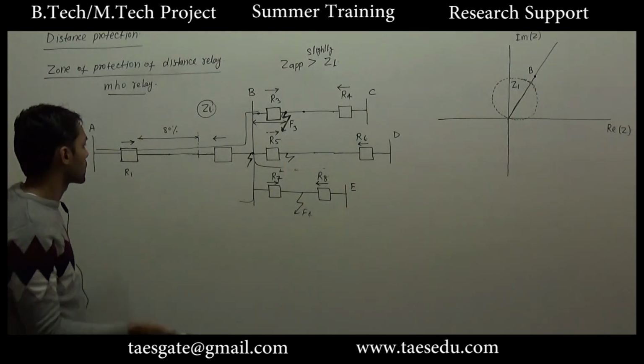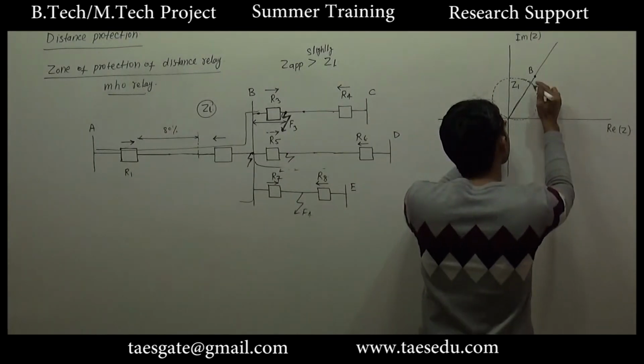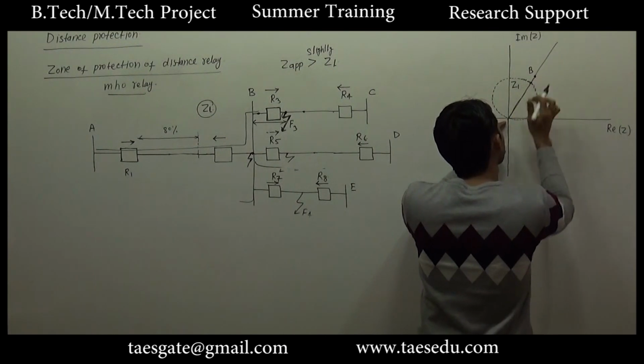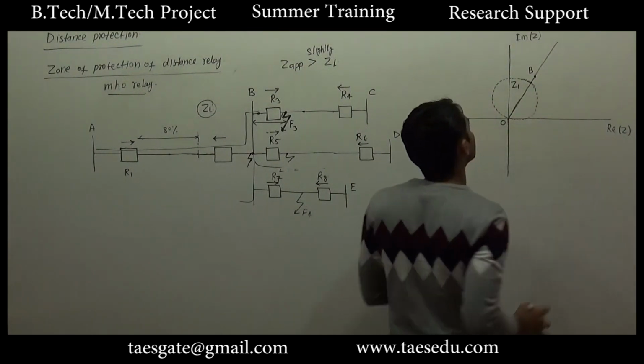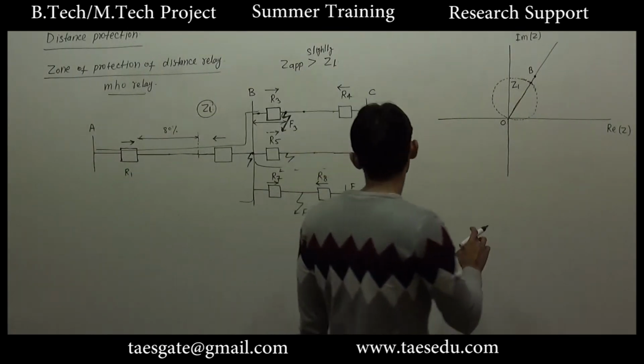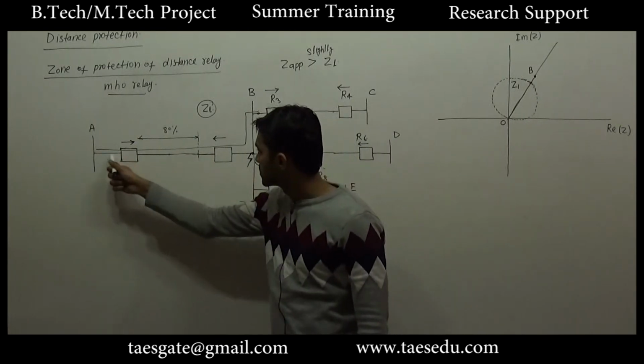And for zone 1 protection, the reach of the line is 80% only. So I have drawn only 80% of the length, let's say OB. The reach of zone 2 is 120% of this total impedance.